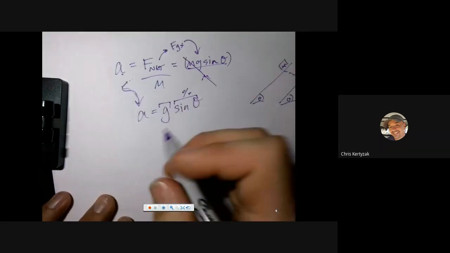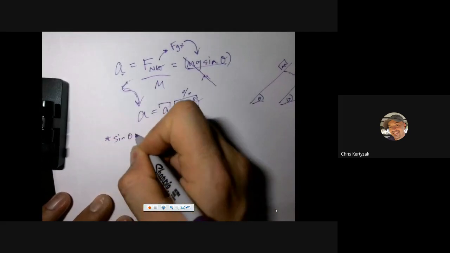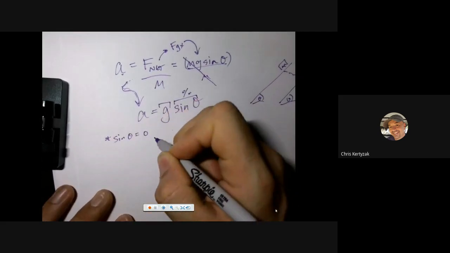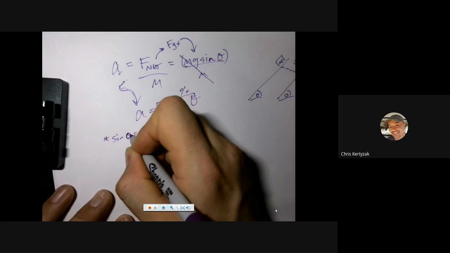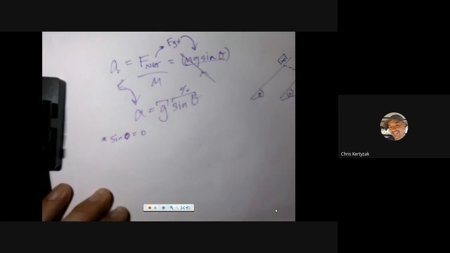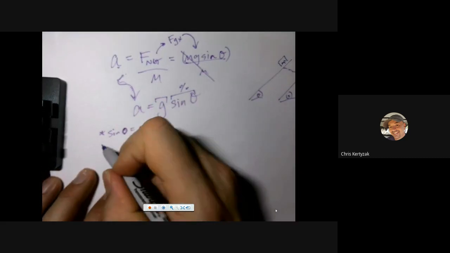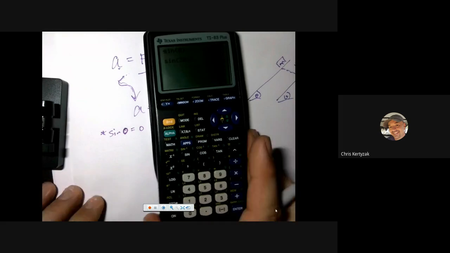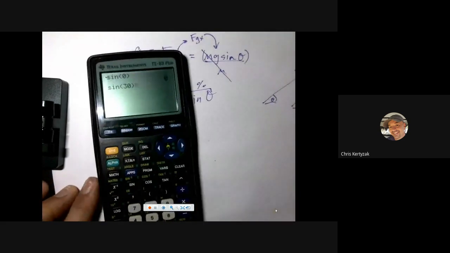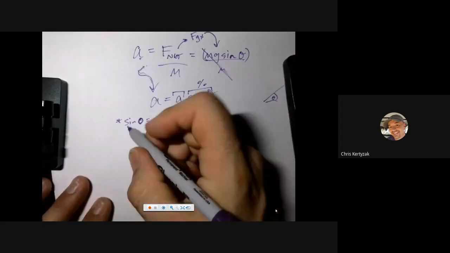Just reminding you, sine of 0 equals 0. How about sine of 30? A half.